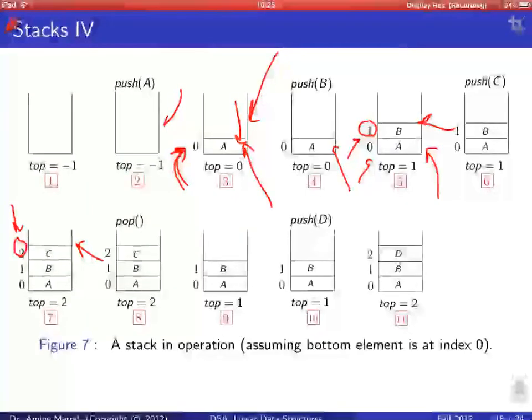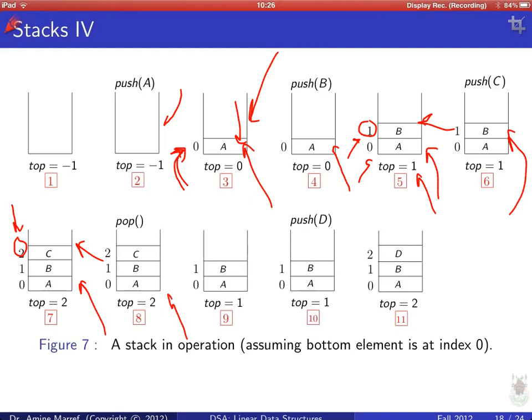So now we know what a stack is. It's a container where we push elements and we pop elements. The element that we put last is the one that we get first, and the element at the top is the most important element, and we call it the top of the stack. Here, B is the top of the stack, and the index is 1.